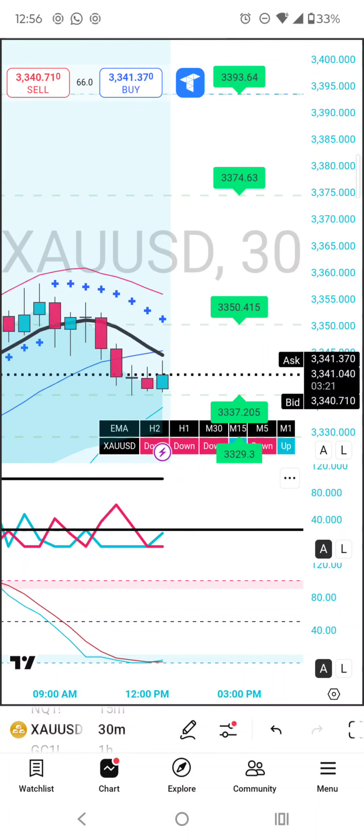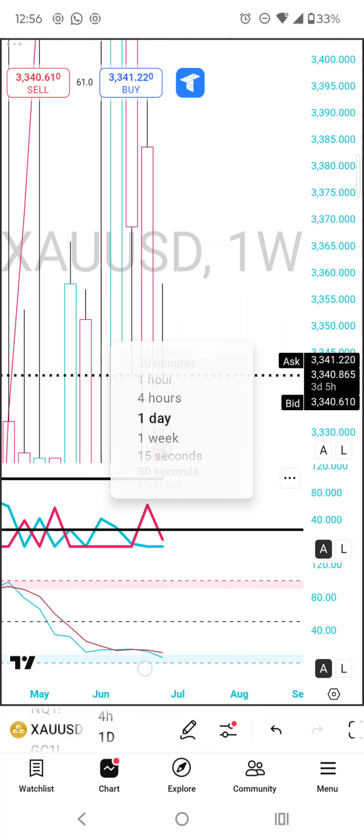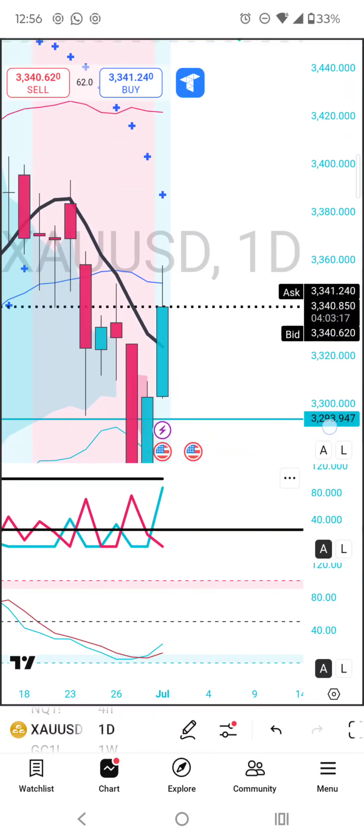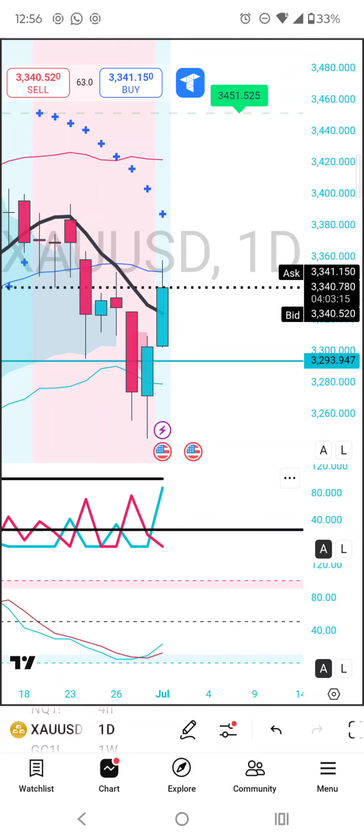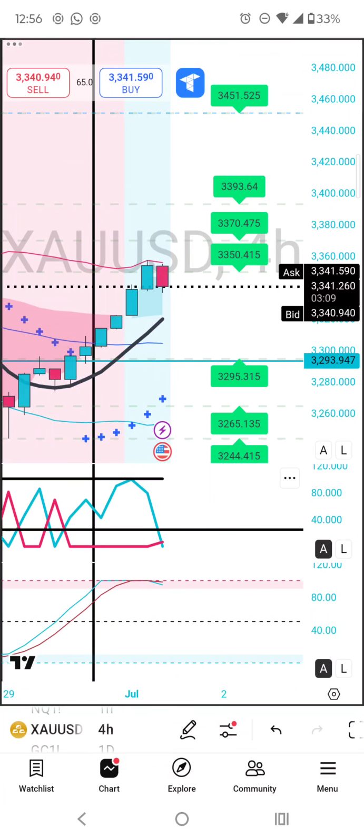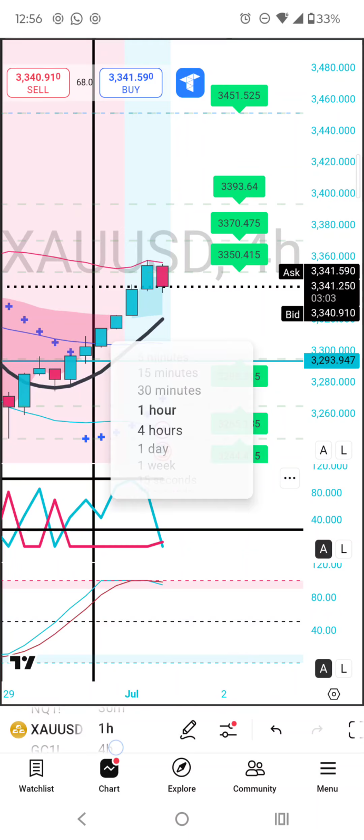So let's go back to the daily. Daily looks like this: buying pressure. The 4 hour looks like this: just sold some, but it just bought a lot.